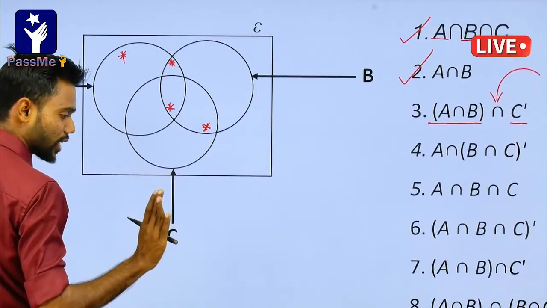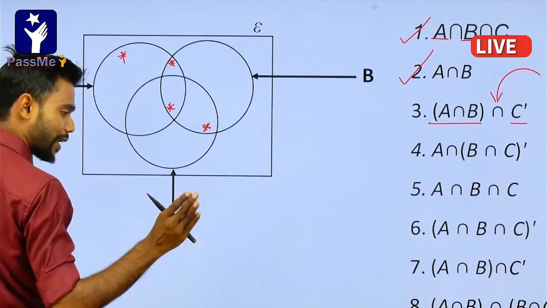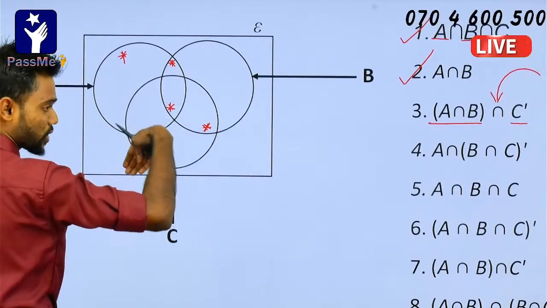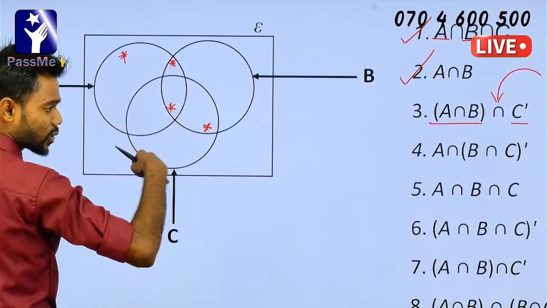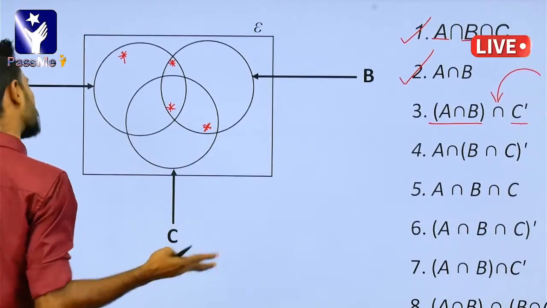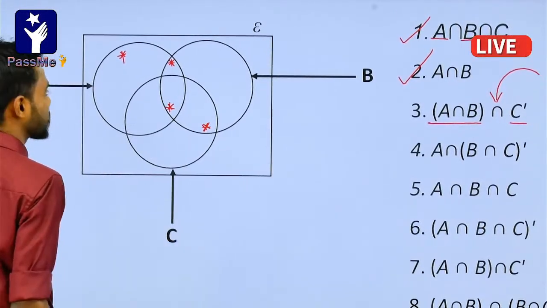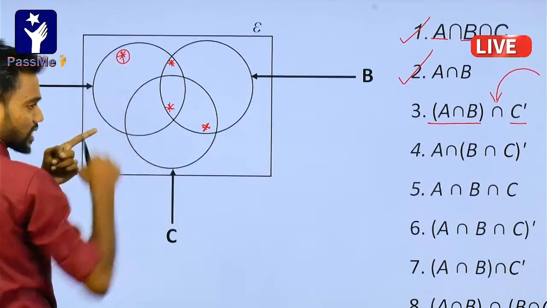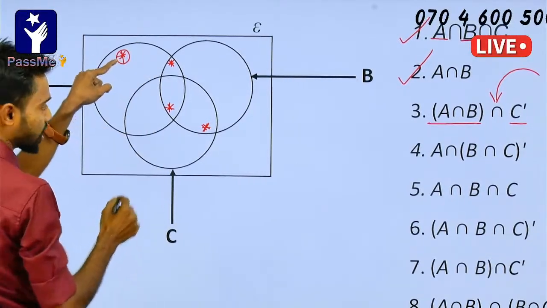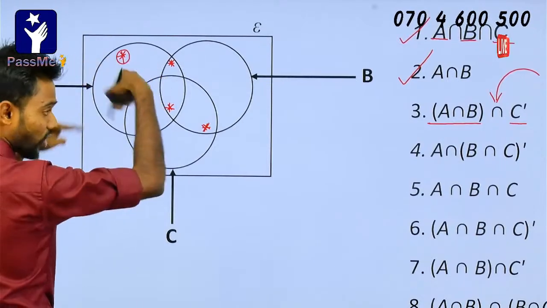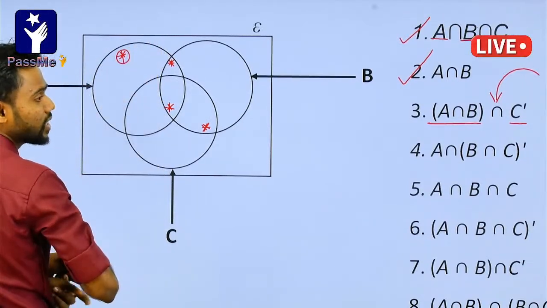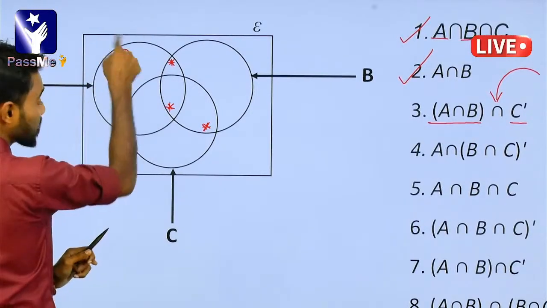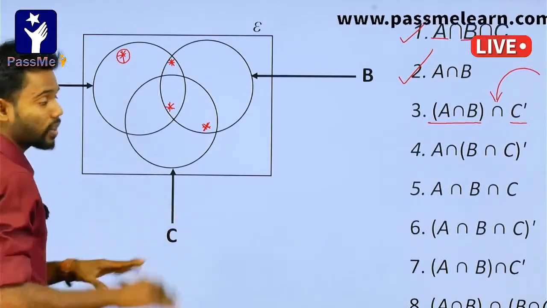But I am not going to shade because it is time consuming work, and once you shade, it looks more complicated. So therefore I will circle it. The circle of the star mark will represent the region of this one. Once I circle it, it means it is already shaded, even though I have not shaded. Once I circle it, it means shaded.